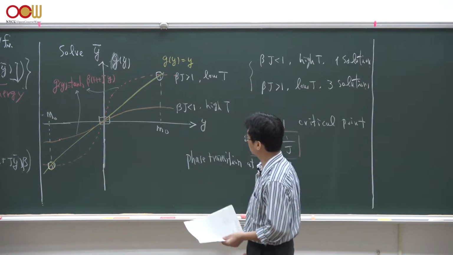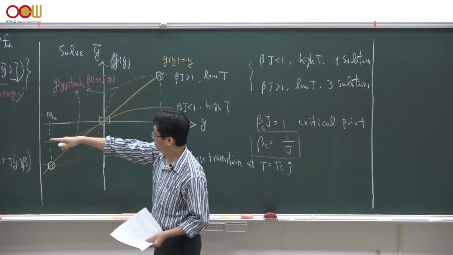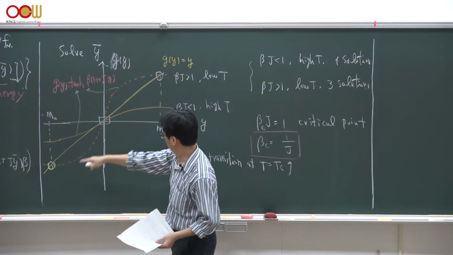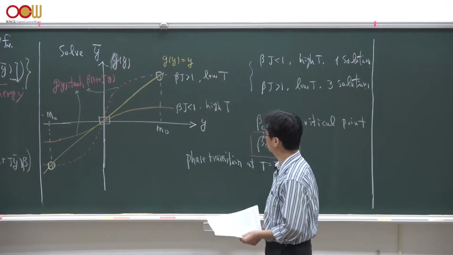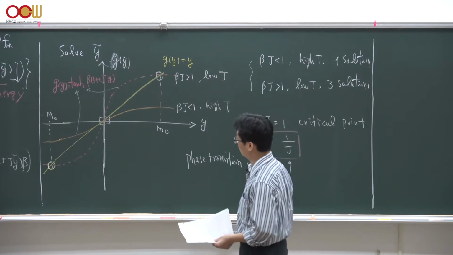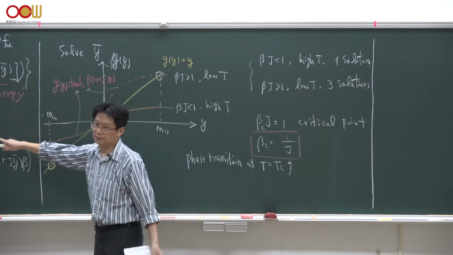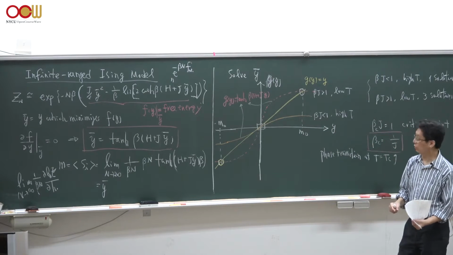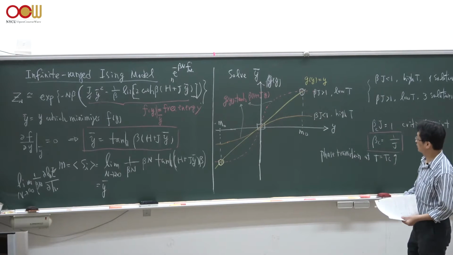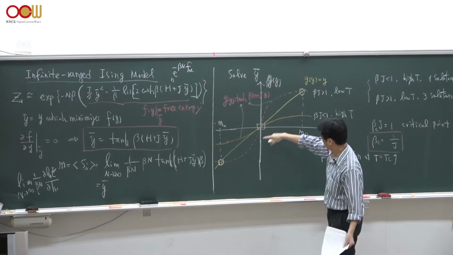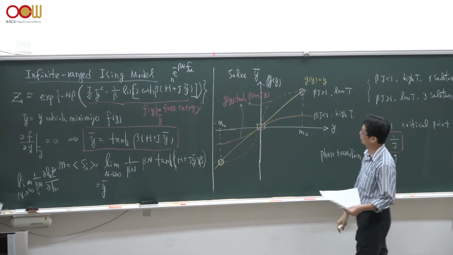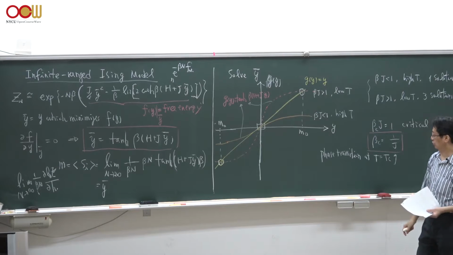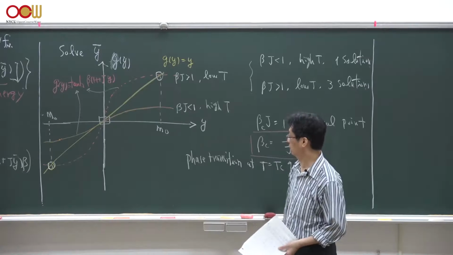It could be either y bar, which is a yellow straight line here, or the hyperbolic tangent function on the right hand side of the equation. If the left hand side of the equation, the yellow line, intersects with the dashed lines or the orange curves, then we have a solution. If not, then we don't have a solution.